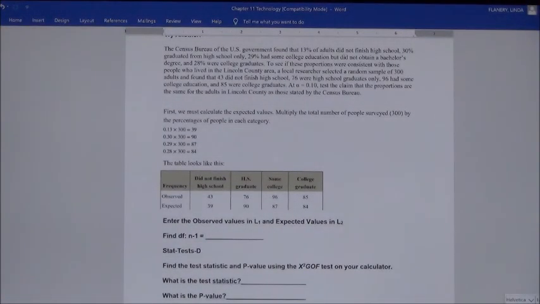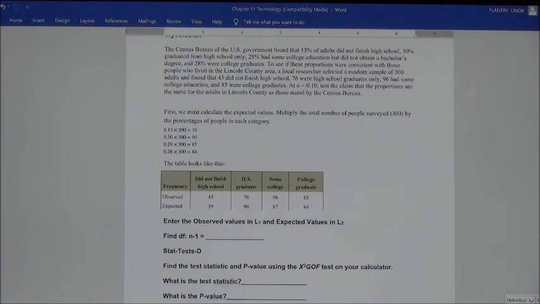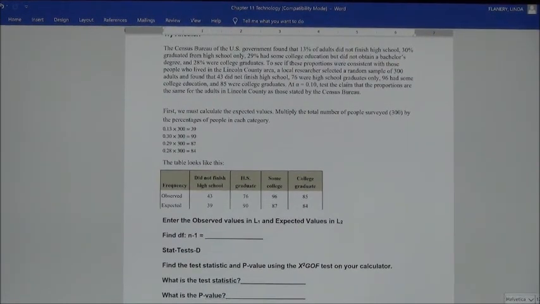So what was the value of the test statistic? 3.531. What was the value of P? 0.3168. And then at a 10% significance level, can we test the claim that they are the same?